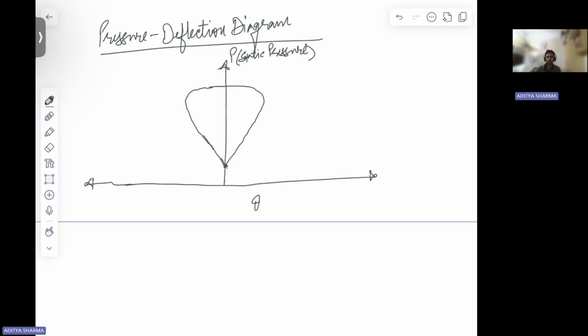And what we have learned about static pressure, what happens to static pressure across the oblique shock? Behind, or downstream of, your oblique shock, your static pressure increases.